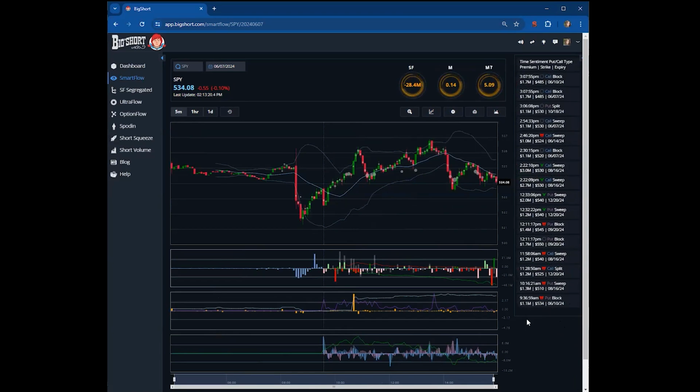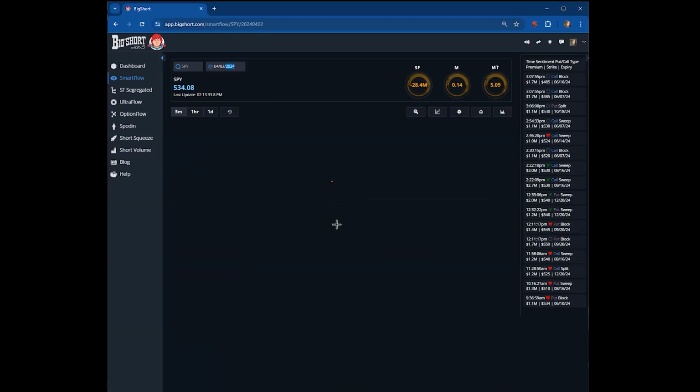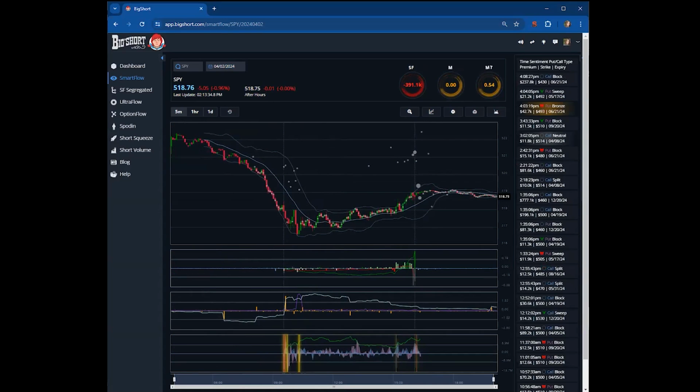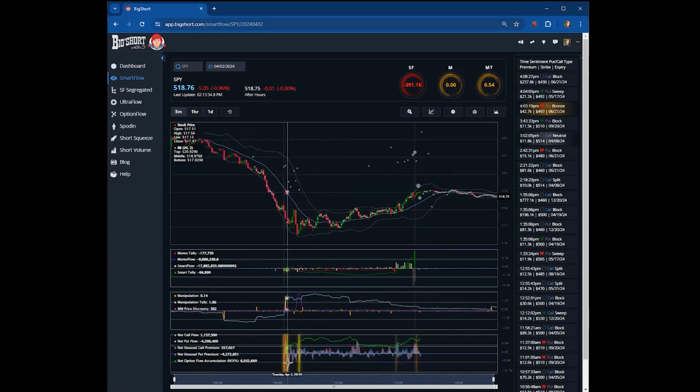Another thing that this pane is great for is if we have a golden sweep or a bronze sweep, depending on your screen settings, some users have trouble differentiating between a golden sweep or a bronze sweep. So I just went back on a chart that has all three, but these here are bronze sweeps and these are golden sweeps.